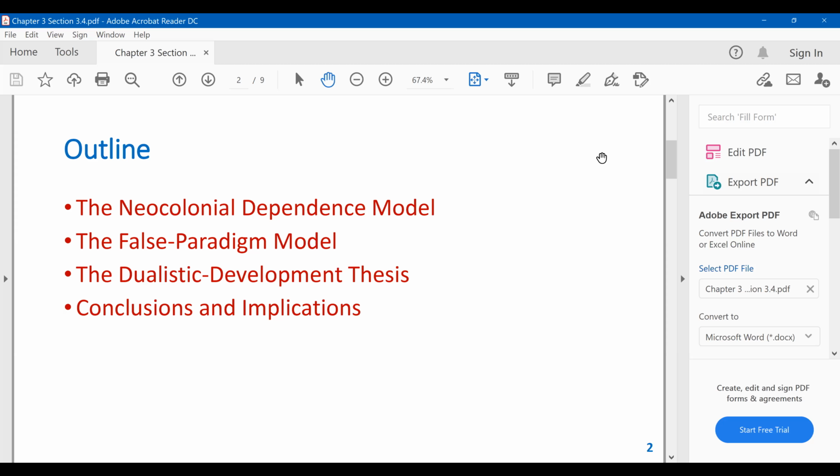So in a sense, the paradigm they follow, given these dependency relationships, is not good for solving their development problems.